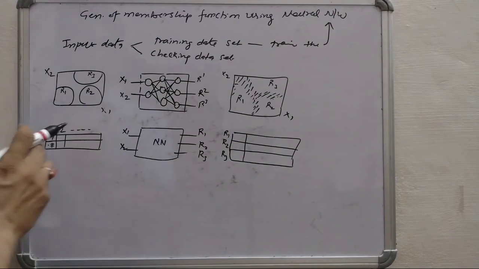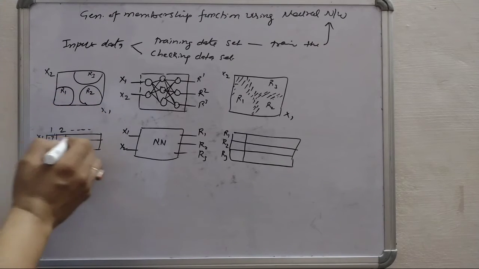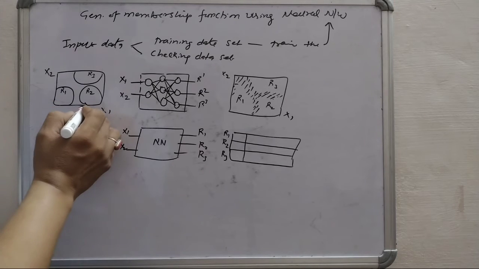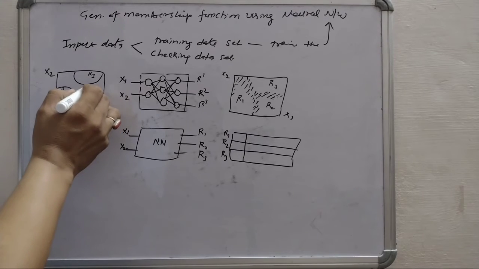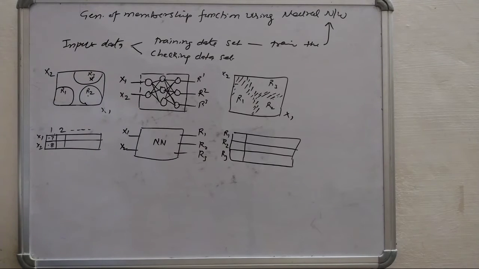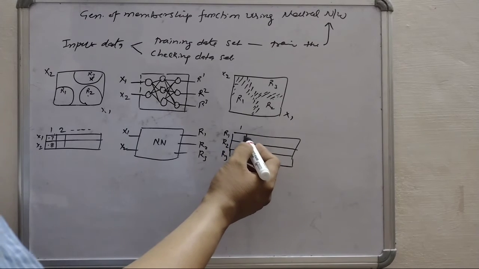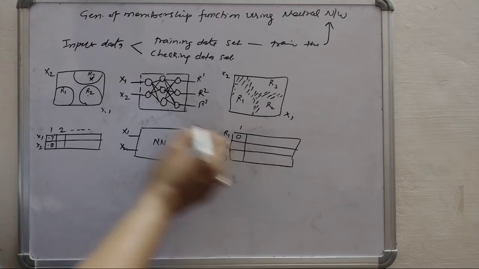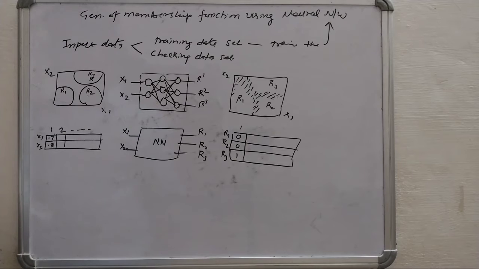Now suppose the first data is 0.7 and 0.8. Now we will represent all this data. So 0.7 and 0.8 will be around here, in the region R3. So when it is in R3, we mark for this data point R1 membership 0, R2 membership again 0, and R3 it is 1.